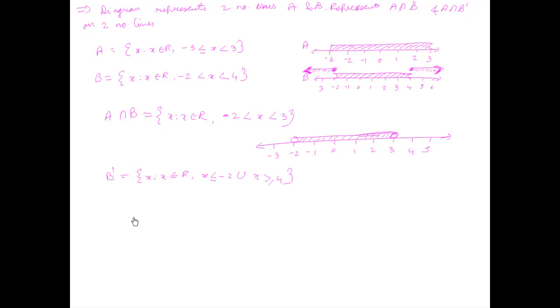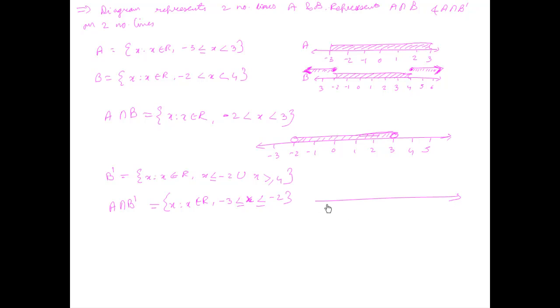Now intersecting that with A, children, that's A intersection B complement, would come out to be, when you look at this, children, as we discussed, x such that x belongs to real numbers from -3 to -2 both being included. There is nothing else on the other side, children, because B complement starts from 4 onwards and there is nothing like 4 in A. So that will be your solution set.